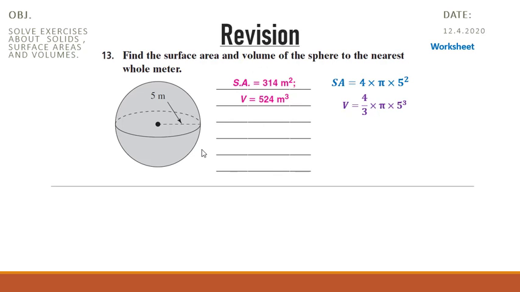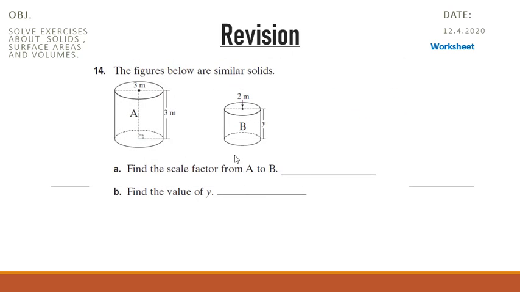Abdullah. Okay, Abdullah, can you help me in this question? We have here two similar solids, A and B, and the scale factor from A to B is, you can take any corresponding dimension, the diameter here or the height. So A is 3 and the corresponding dimension in B is 2.